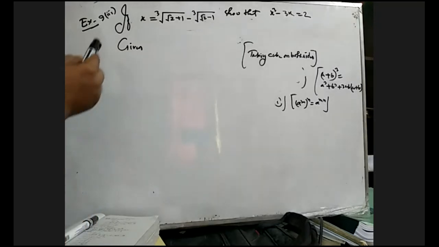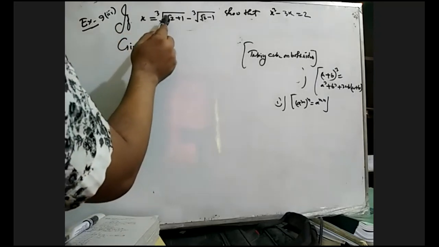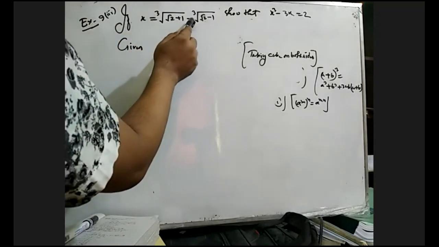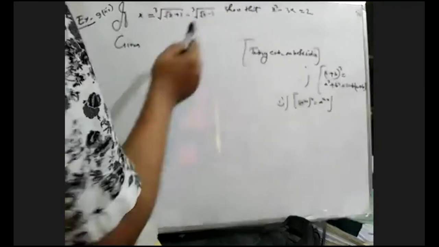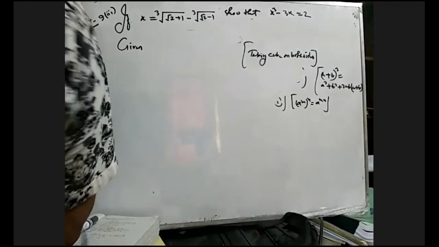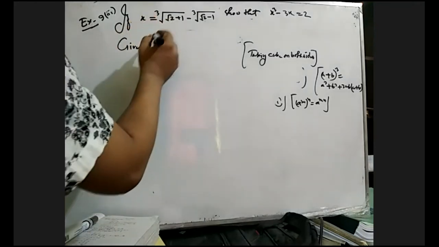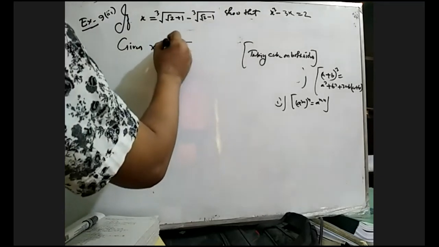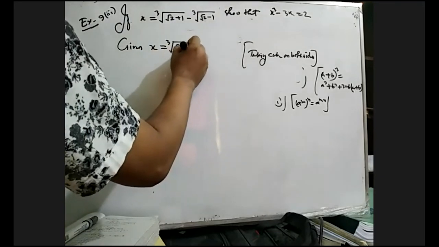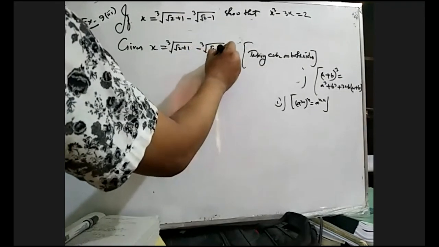Okay, now another part of 9, third part. If x equals cube root of 2 plus 1 minus cube root of 2 minus 1, then show that x cube minus thrice x equals 2. So we are given, actually, we have to show this result. x equals cube root of 2 plus 1 minus cube root of 2 minus 1.